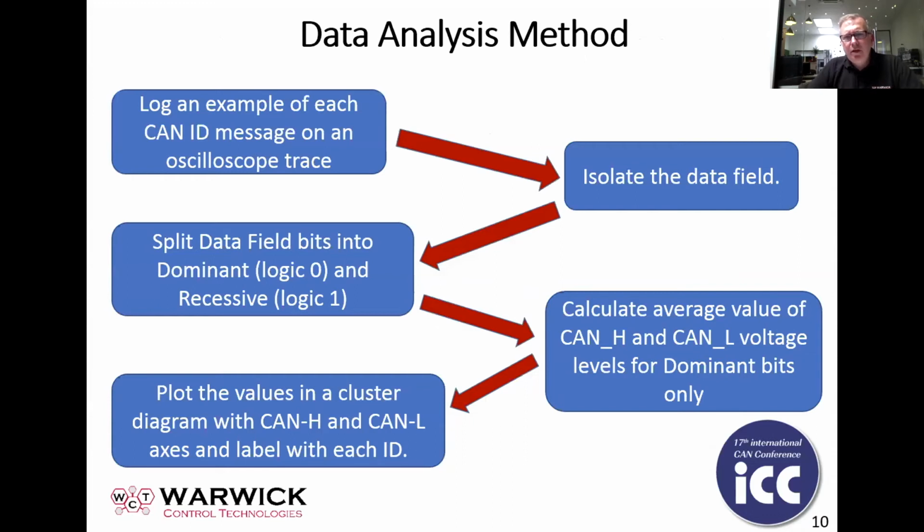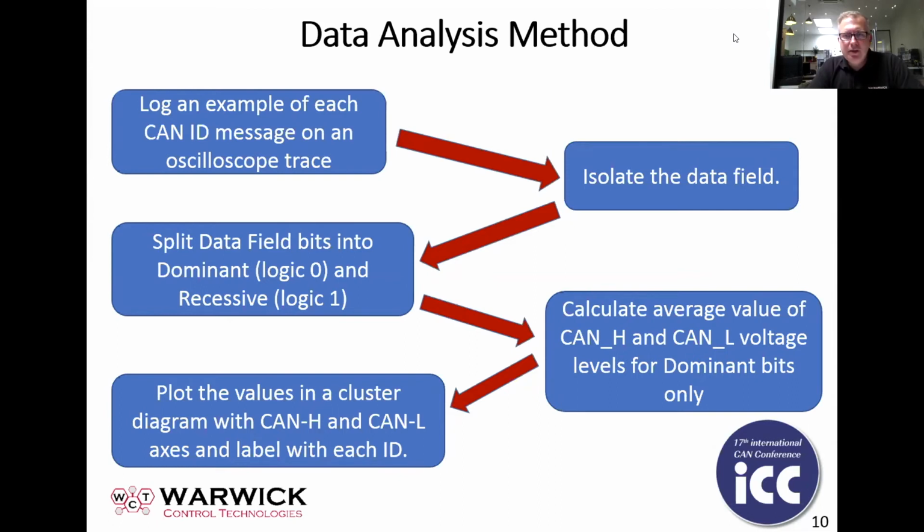And then we've got a process whereby we manipulate this data. Remember from before, I was saying we need to look at the dominant part of the data field. So there's a process, as you can see on the slide here. The first part is that we log an example of each CAN identifier that we find on the network.